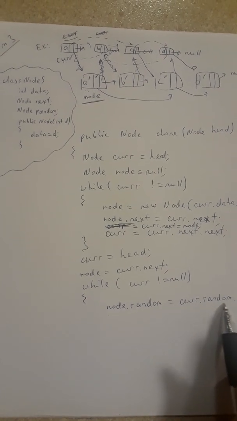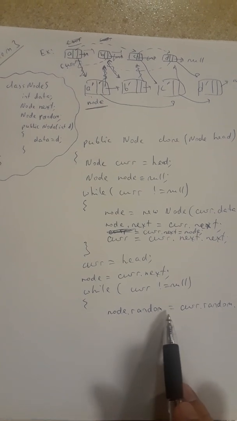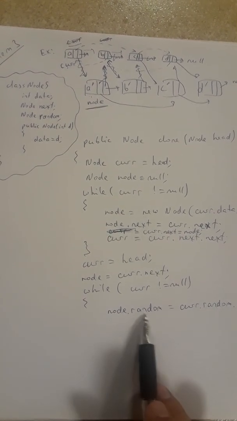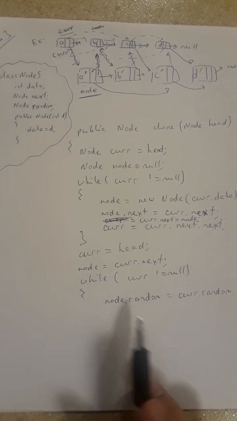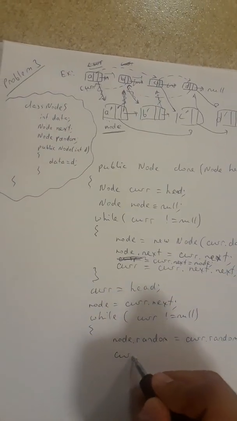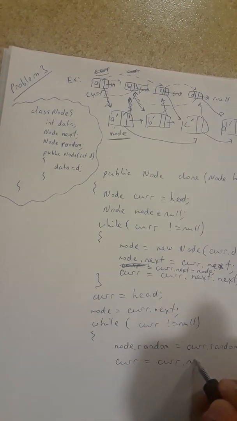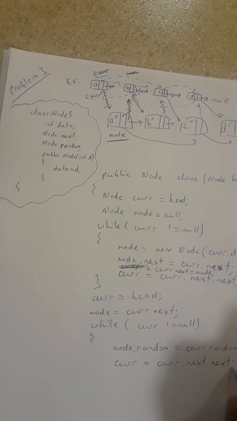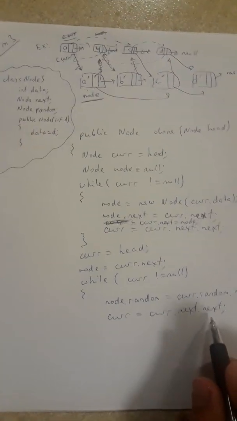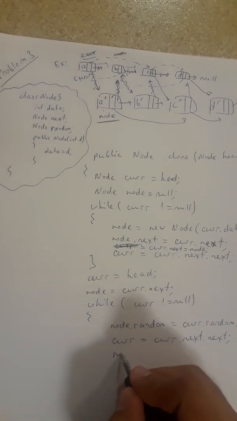So by defining my random pointing to the next element, I actually will be pointing it to the next cloned node. After that I will just move my current to the next node of the original linked list by using next, because the next is actually the cloned node.